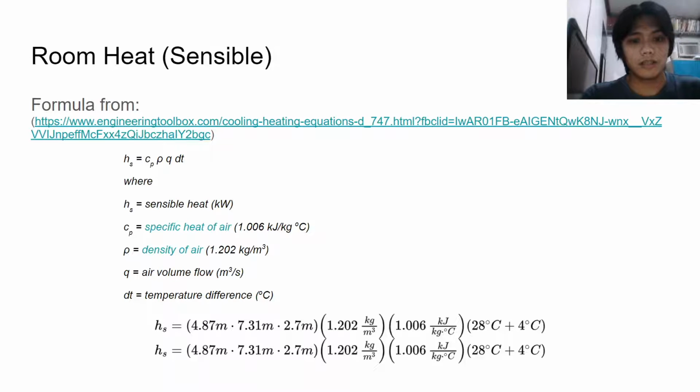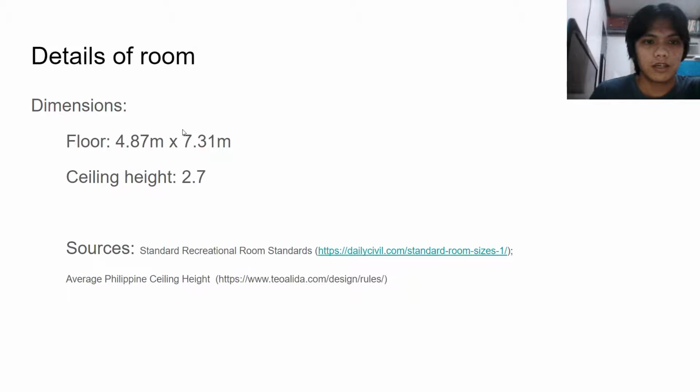So these measurements will be used to calculate the room heat sensible. As shown here in the equation, we found this equation from engineeringtoolbox.com. So by substituting the values, these values here are the volume from these measurements.